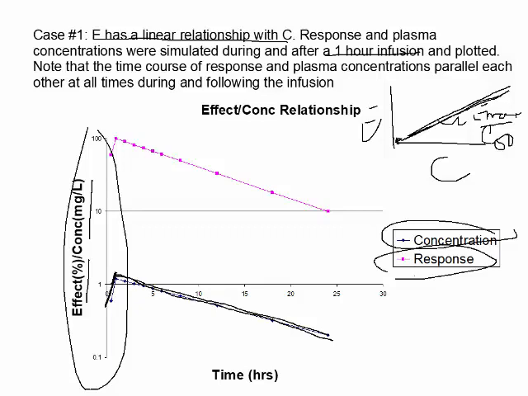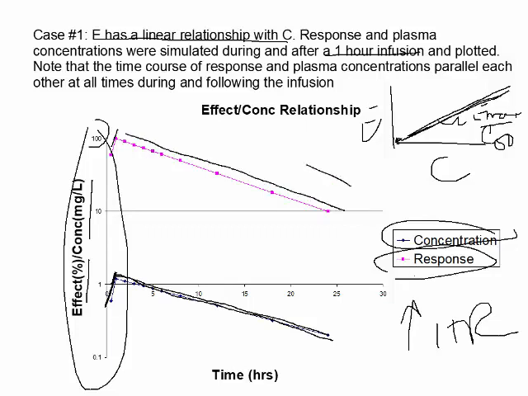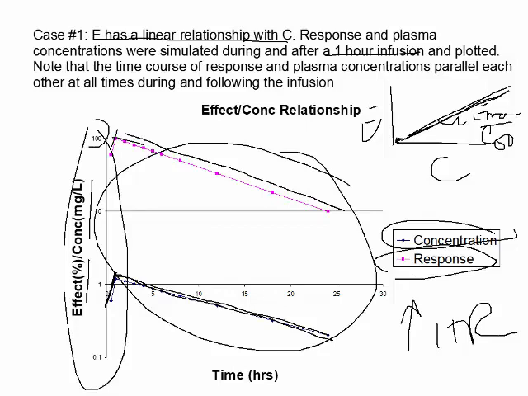So if we plot our response, let's say that we have an increase in heart rate. So our heart rate increased to its maximal effect at 100, and then it started to fall just as the concentration fell. So you can see that the concentration and effect fall together in parallel.